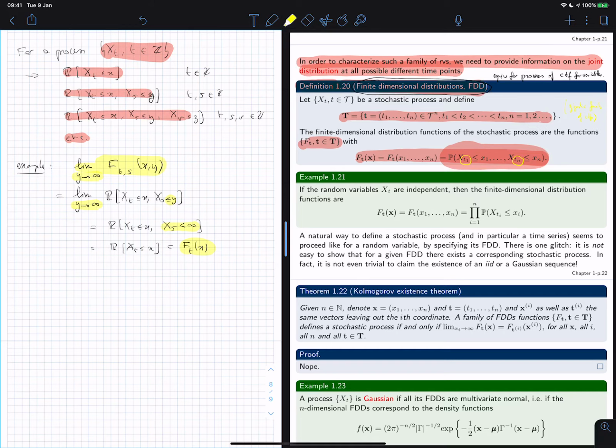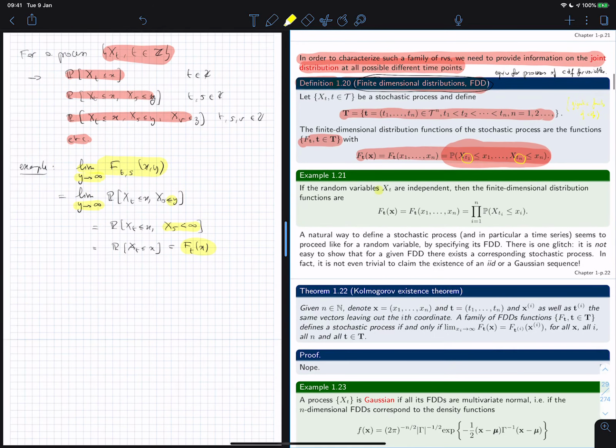Well, maybe an easier example would be the case where they are independent. If the xt's do not have a joint behavior, if they're just supposed to be independent, well then the finite dimensional distribution is easy because all these FTs will just be the product of the marginal distributions. That's when they're independent. But in general, this is a very gigantic and very complicated family of distributions.